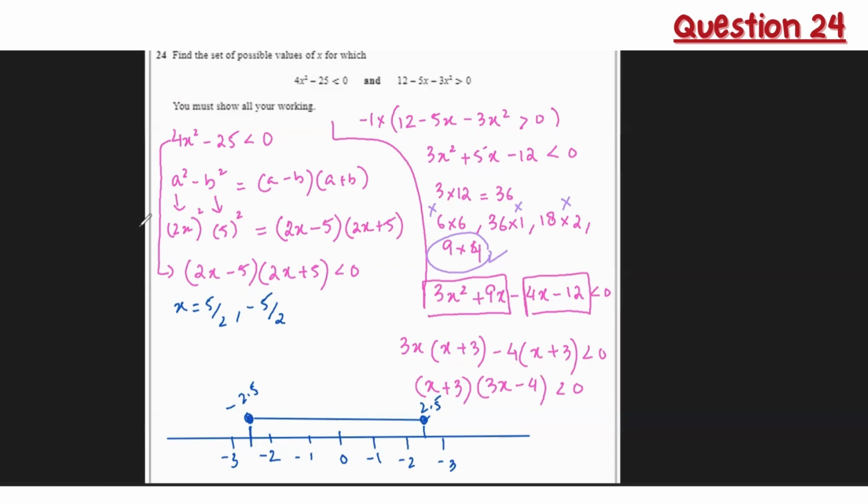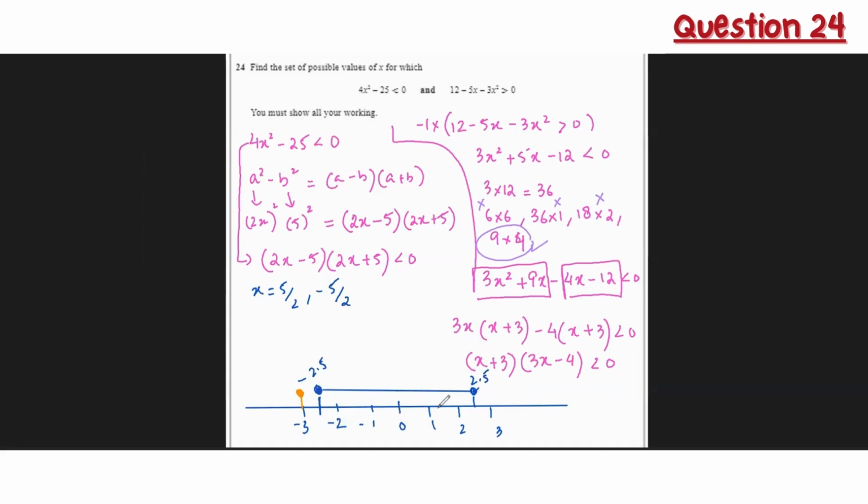And for the other inequality, we have x equals -3 and x equals 4 over 3. 4/3 will be somewhere over here. When you draw the line for that, it's going to be this.